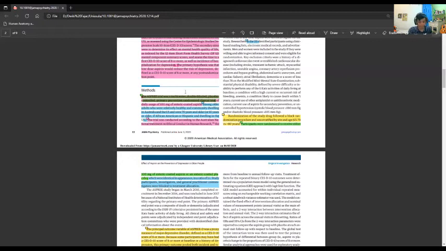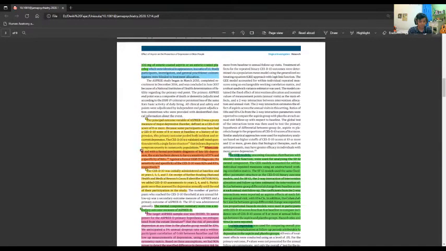So 11B, sorry, 11B is here. So 11B means description of the similarity of interventions. So what is the similarity? So when compared to formal psychiatric diagnosis, okay, the depression scale has been shown to have a sensitivity of 97% and a specificity of 84%. So the sensitivity is 97 and the specificity is 84%.